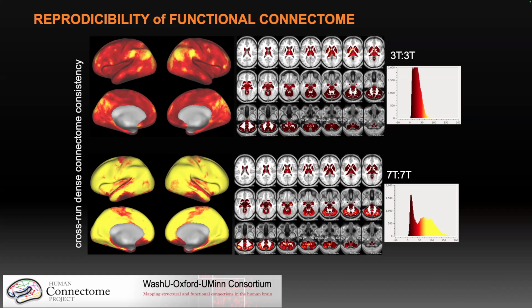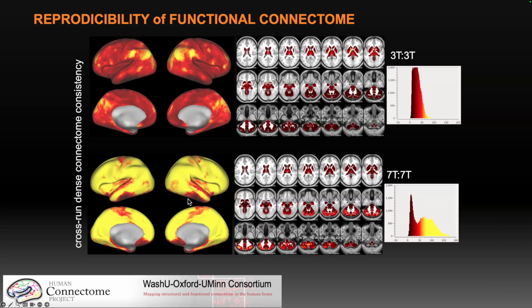They were also scanned at 7 Tesla. Most of the time, people use the 3 Tesla database the Human Connectome project generated, but there's also a 7 Tesla database there, less used and with fewer subjects, but it is there. If you look at the reproducibility of functional connectomes, this is cross-run connectome consistency, this is 3 Tesla, and below is 7 Tesla, and the reproducibility increases substantially.